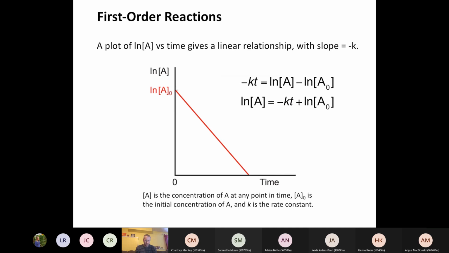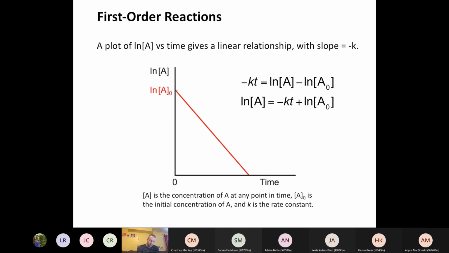And the real reason why I think people like straight lines is because most human beings are pretty good at drawing a line of best fit with a ruler through a bunch of random data points and calculating slopes that way. And this is how all of these curve fitting was done prior to computers that would do this analysis for you. So there's a linear form of that same equation.